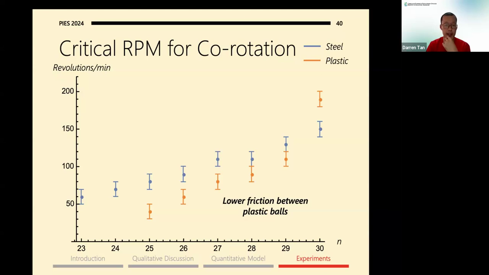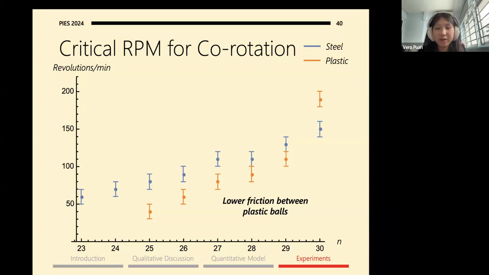Generally speaking, the graph trends upwards, right? So when it's more packed, you need to spin it faster for it to co-rotate. And it seemed like when you add the last ball, from 29 to 30, the most you could add, then the plastic really needed much more than the steel. It could be, I don't know, that the plastic is more sticky to the walls or something like that. Interesting to take a look. Possible, but yeah, okay, cool, interesting. Thanks.